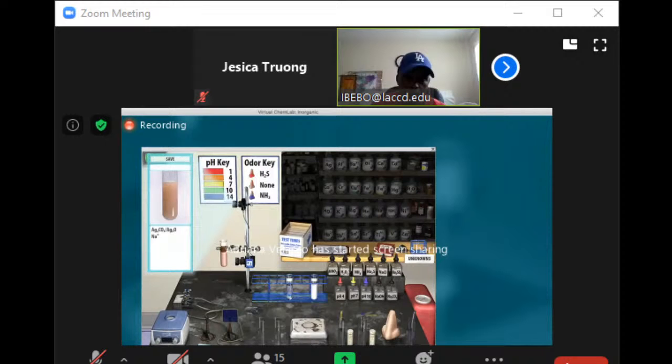Okay, so the solution that's in the test tube holder, is it silver with the carbon dioxide together? Carbonate together, not carbon dioxide. You see, it is CO3 and not CO2. CO2 is carbon dioxide. CO3 is carbonate.